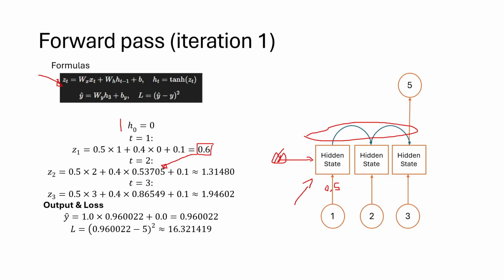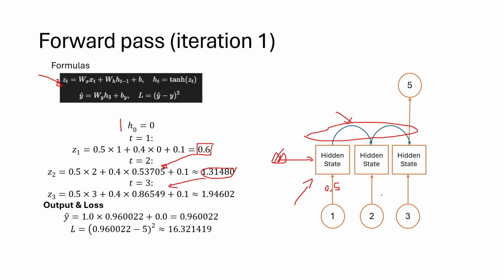We do the same, so now we're here, 2 multiplied by the same weight plus the previous value of the hidden state, which is 0.53705, multiplied by this same weight plus the bias. We do the activation function, we get this value.